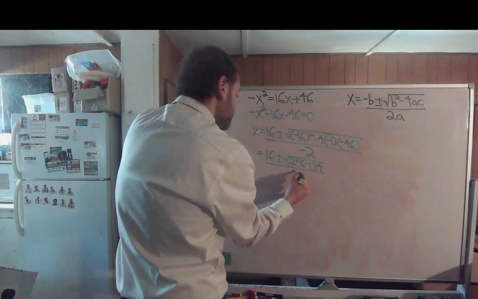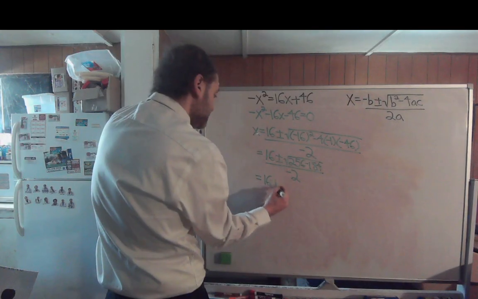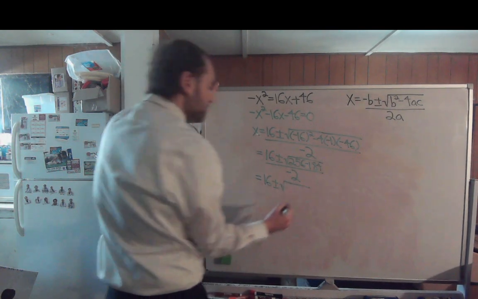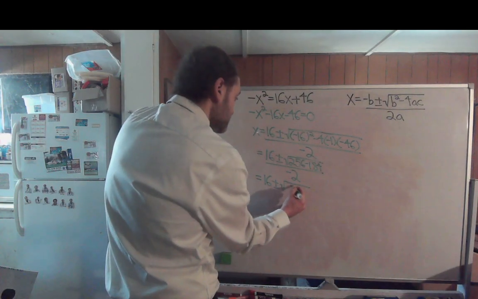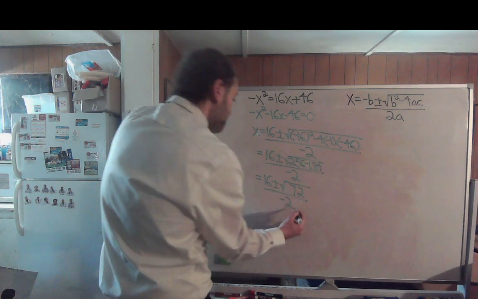all over negative 2. So that's going to equal 16 plus and minus the square root of, that would just be 72 all over negative 2.